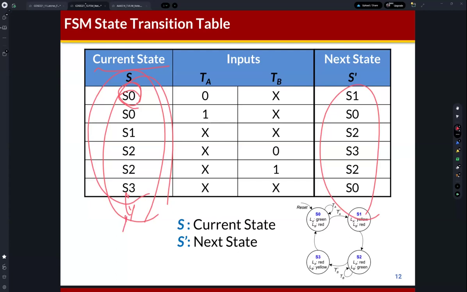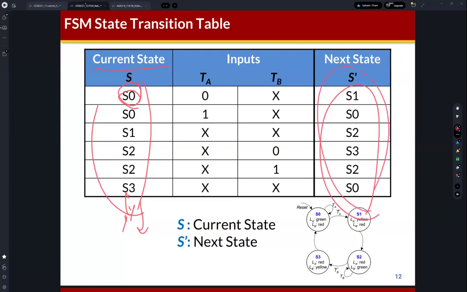So the state's name needs to be encoded using digital values. The next state is the same. We cannot use the letters. The state name needs to be encoded using digital values.